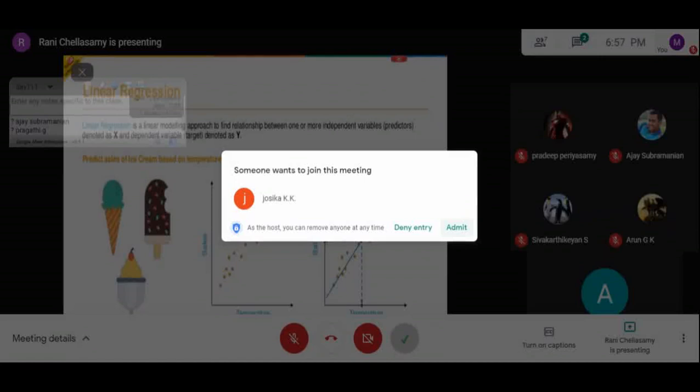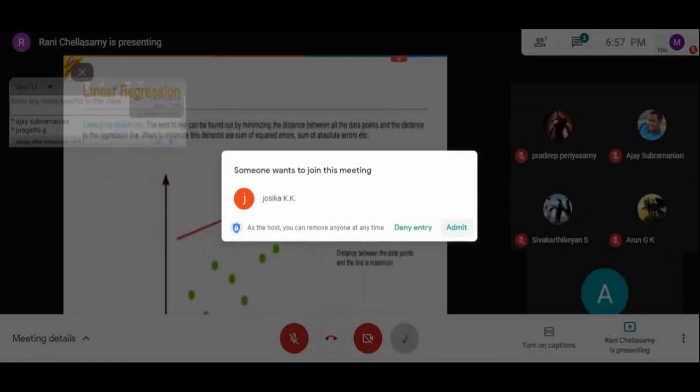You plot the values of sales against temperature and draw the regression line between them to predict the sales. You also have to find the best fit line, which can be found by minimizing the distance between all the data points and the regression line.